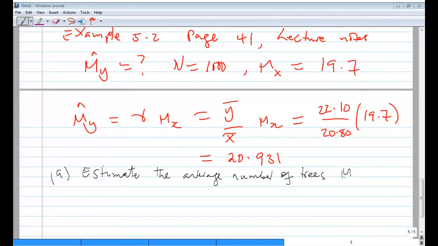Okay, which is what? Mu y hat. So you want to find this one. Okay, so that is what we did.